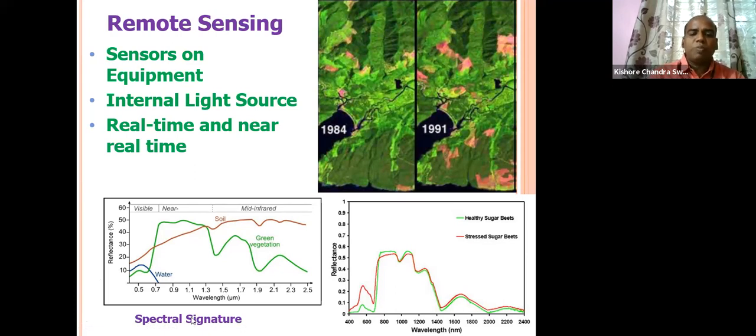images here. You can see this one is called a spectral signature. Spectral signature is very unique to all the materials we have. Particularly, let's say if some place has a water cover, when sunlight falls on it, at a wavelength of 0.5 micrometer, that is 500 nanometer, to 700 nanometer, you get a reflectance in the range of, let's say, starting at 10, then around 12%, then after 700 nanometer the reflectance value will be 0.